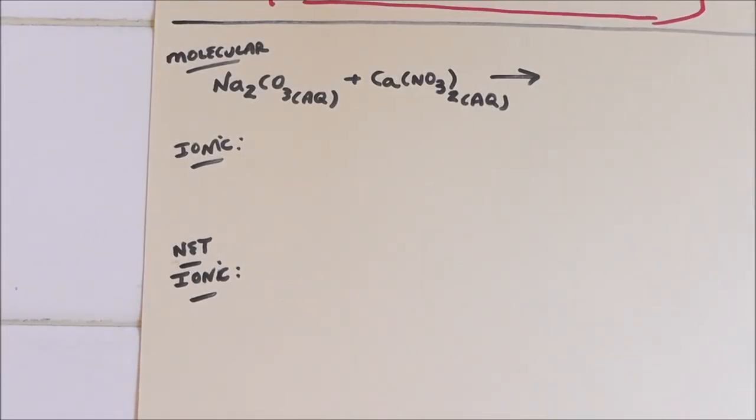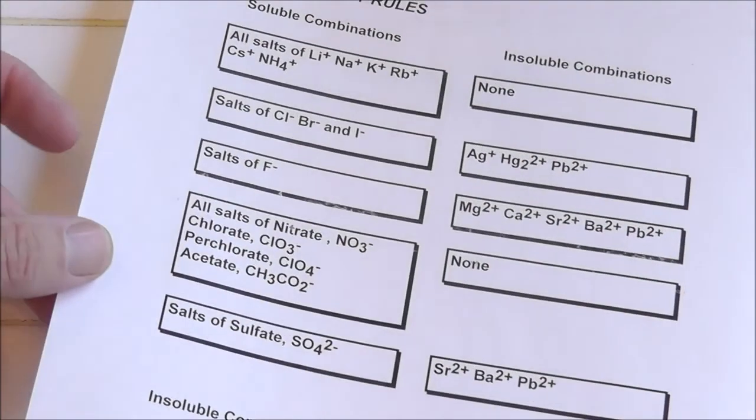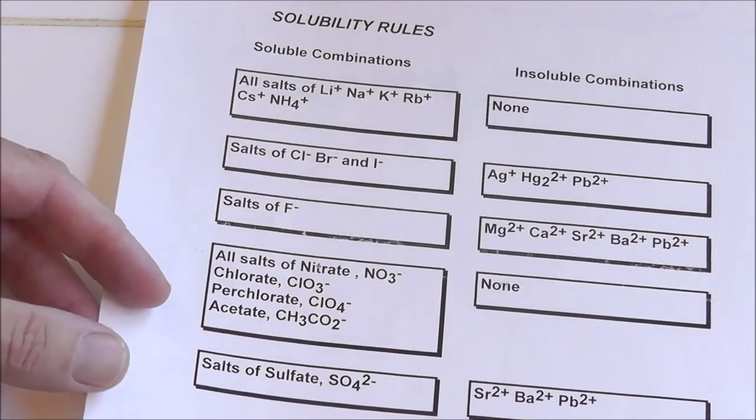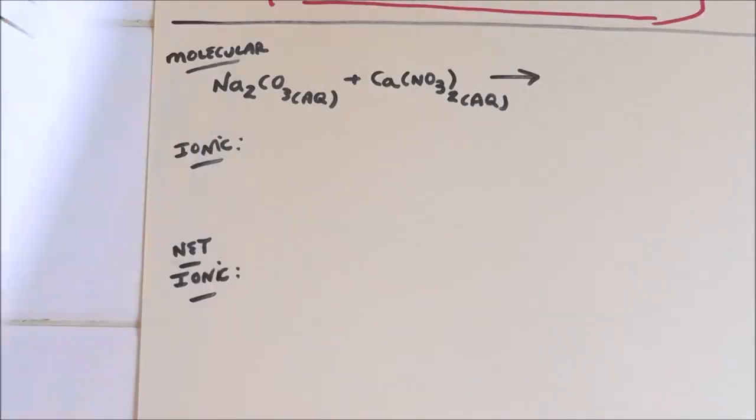Here we go again. So what we got is we've got two compounds, which you can go verify for yourself. I have every right to throw AQ in there because everything sodium dissolves with anything negative and anything nitrate. So that is sodium carbonate and calcium nitrate.